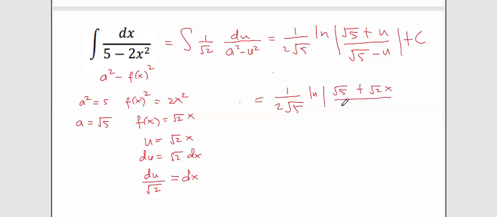Square root of 2 times x, and then over square root of 5 minus square root of 2 times x, and then plus c. Okay.